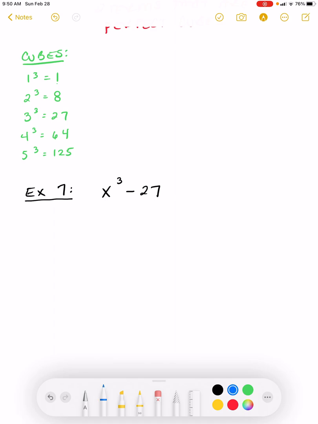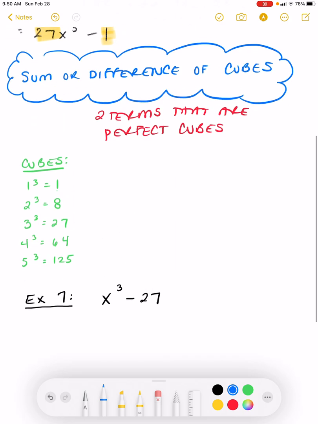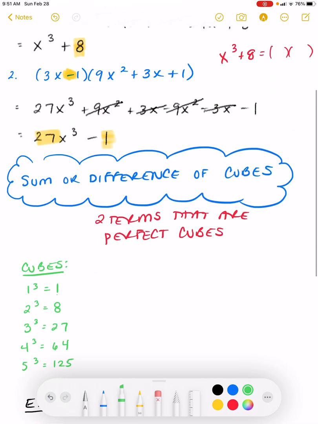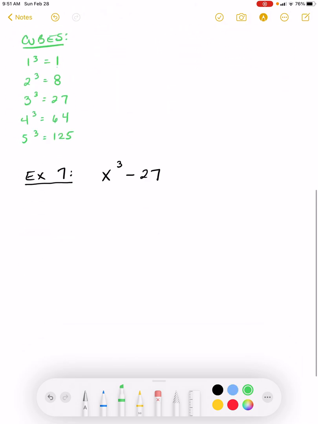All right, so what we do when we factor is we understand that once we recognize that we have the difference of cubes, what we saw up here, it always factors to be this binomial and this trinomial. So that's what I'm going to set this up as. This is going to be a binomial and this is going to be the trinomial.